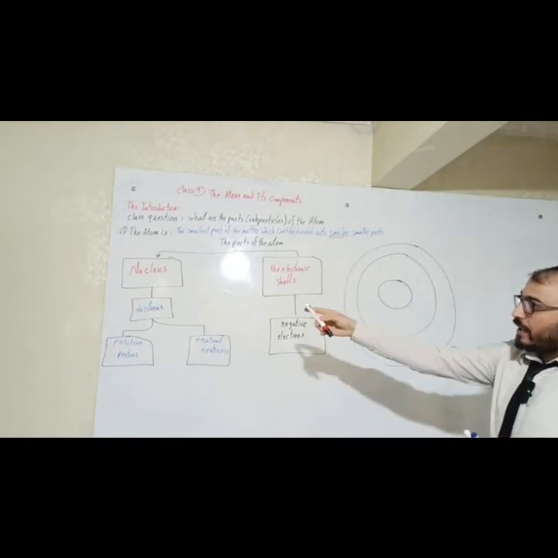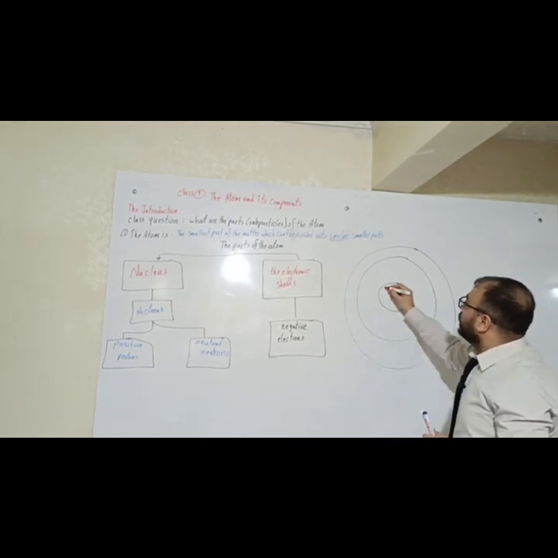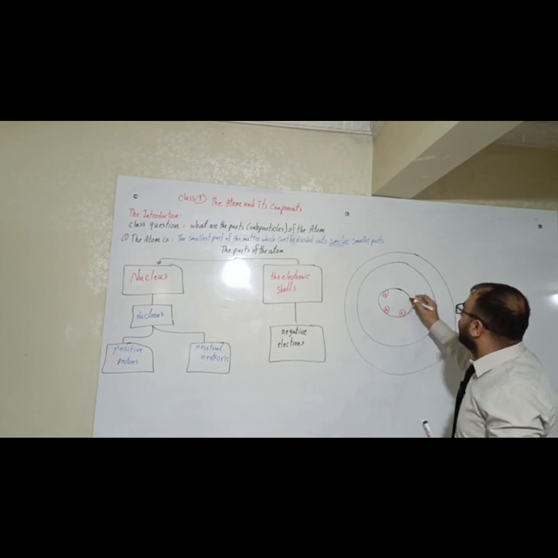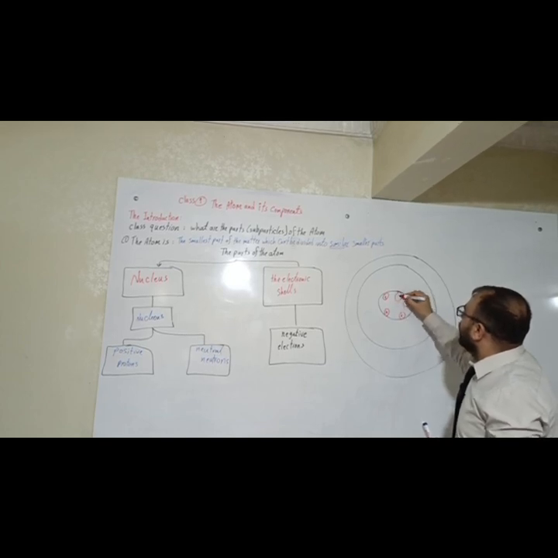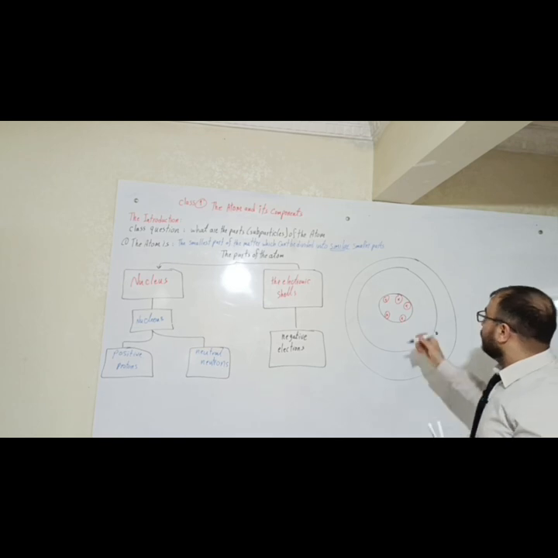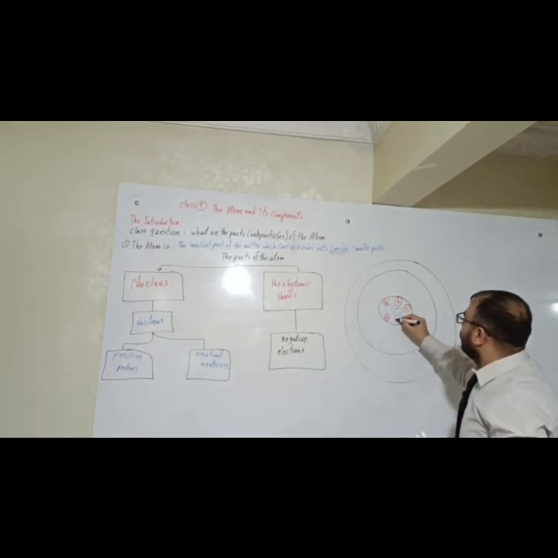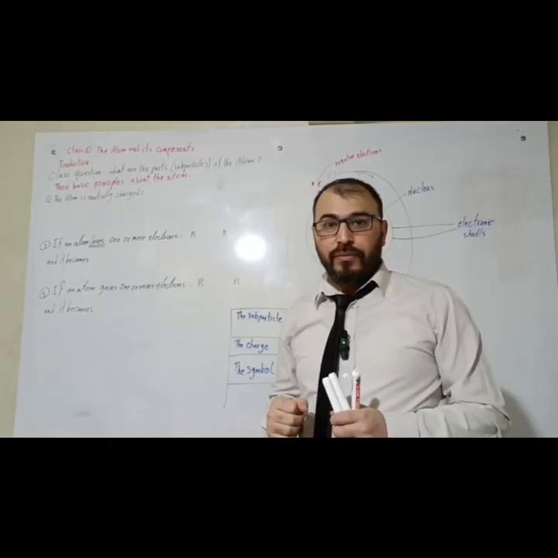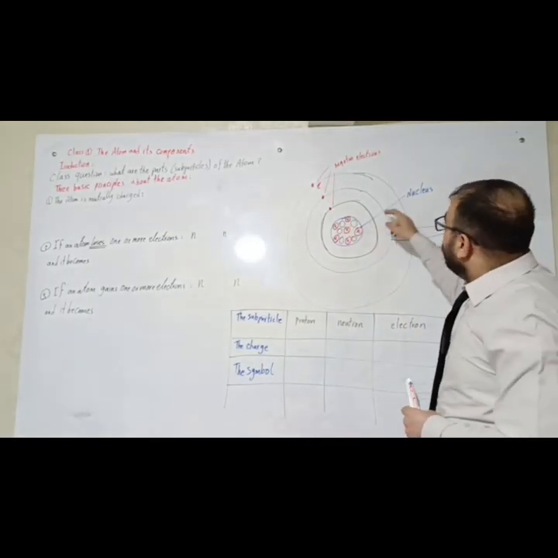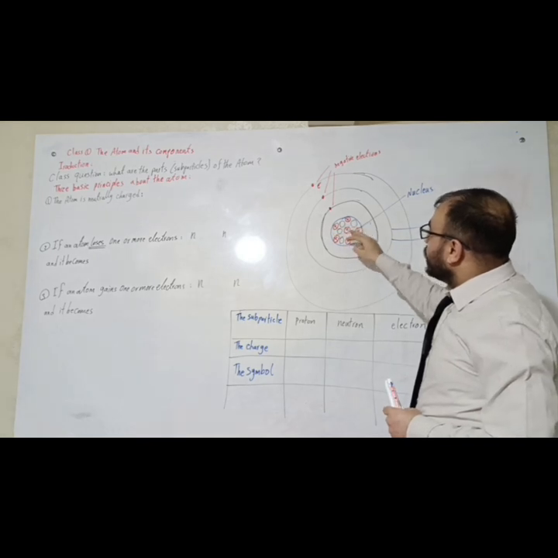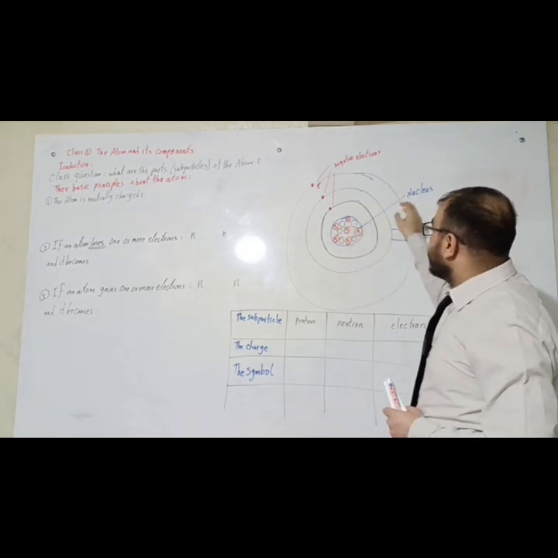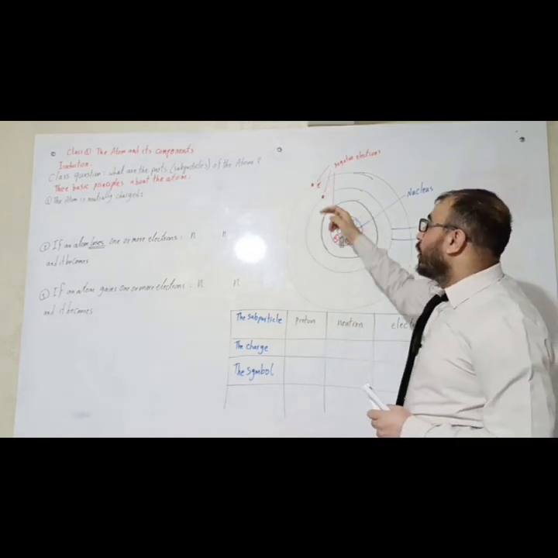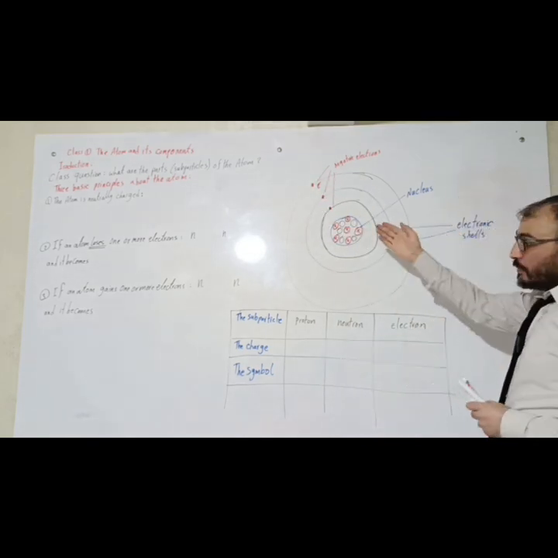The nucleus, as we said, includes positive protons and neutral neutrons. In addition to the nucleons, the positive protons and the neutral neutrons inside the nucleus, we can see the negative electrons distributed on the electronic shells as we see.